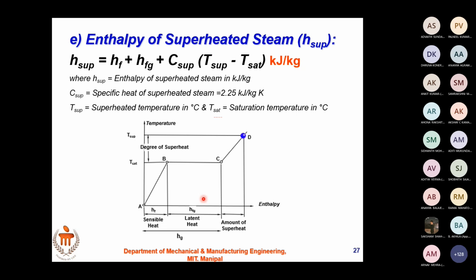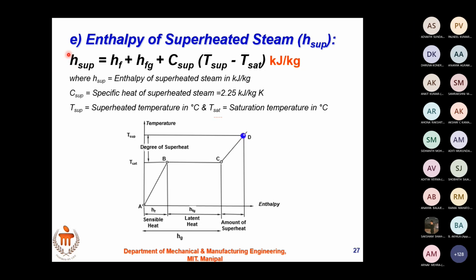Next one is enthalpy of superheated steam. We are actually superheating our steam in this experiment, so we are required to know the enthalpy of superheated steam also. The enthalpy of superheated steam represents the quantity of heat required to convert 1 kg of water at 0 degrees Celsius into superheated steam at the given constant pressure.